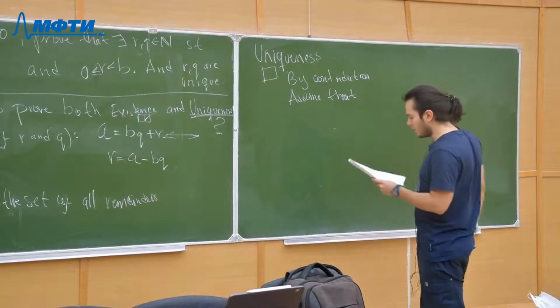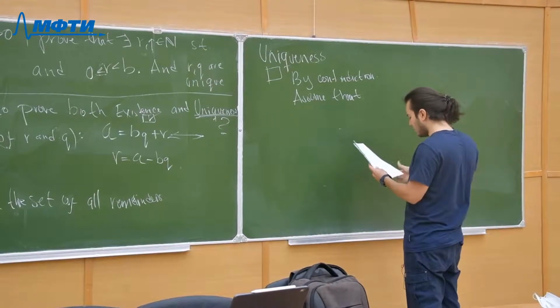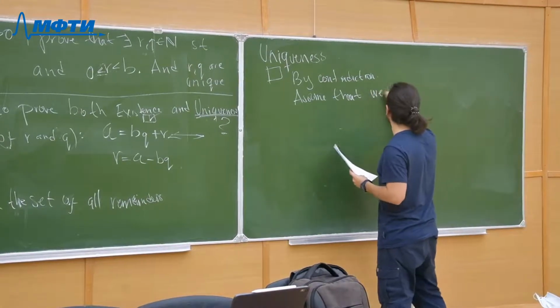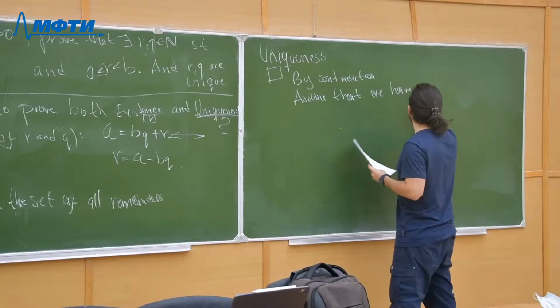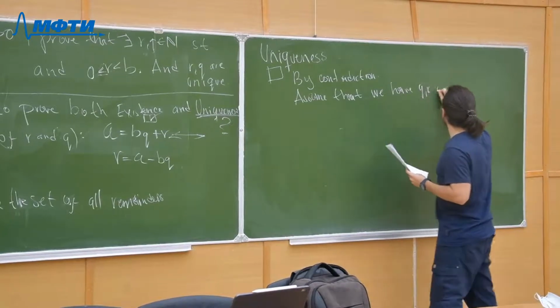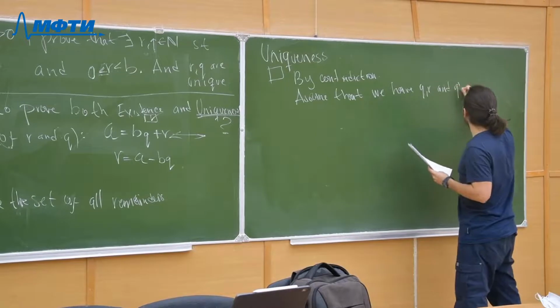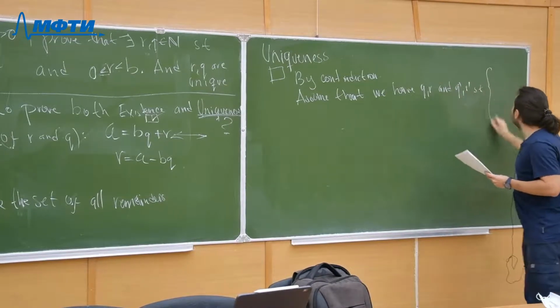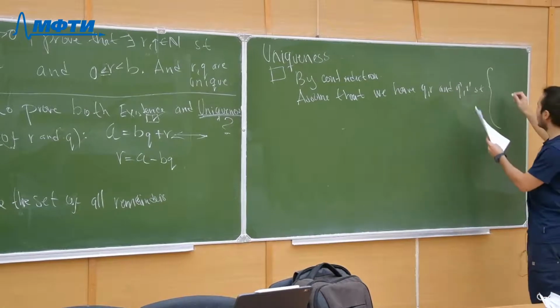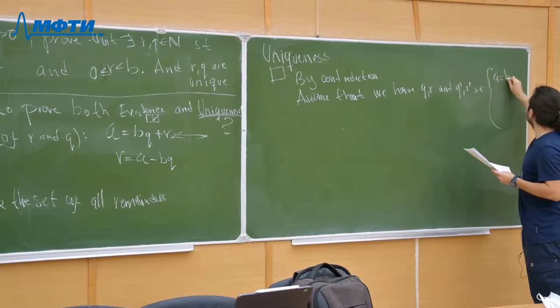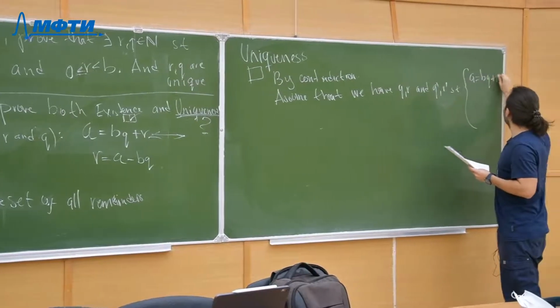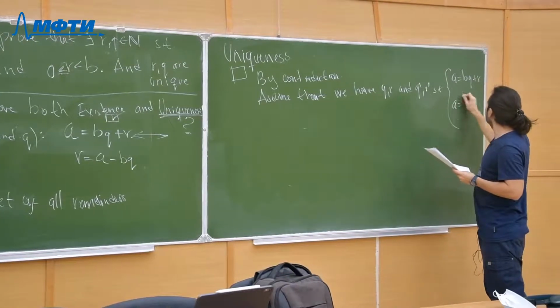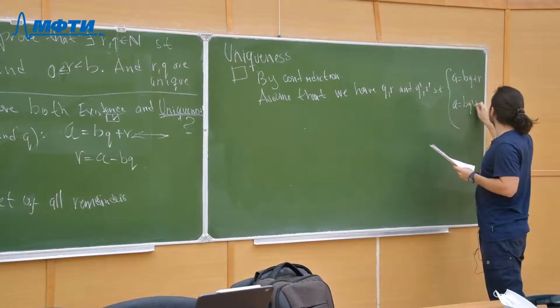And what does it mean that this is not true? It means that we have q and r and some q prime and r prime, such that a equals bq plus r and a equals bq prime plus r prime.